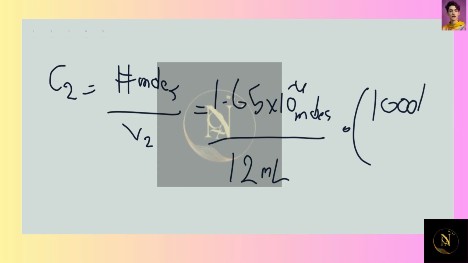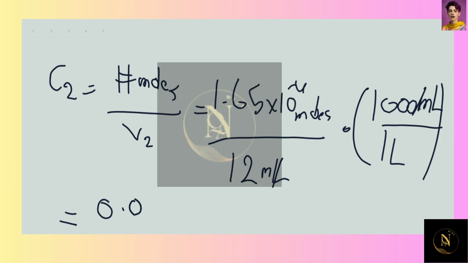I have 1000 milliliters for each liter, and what I end up getting is 0.0138 moles per liter, which is equivalent to molarity.